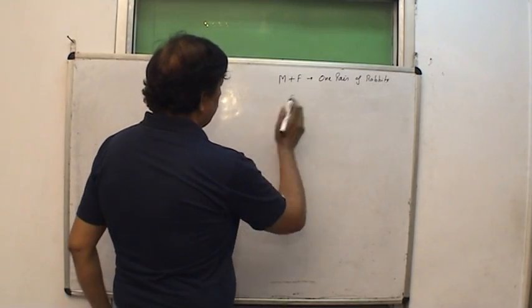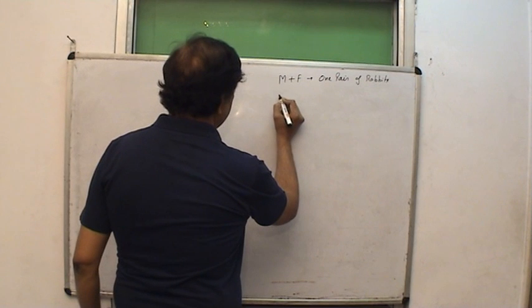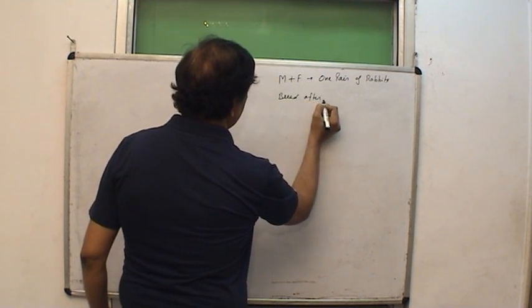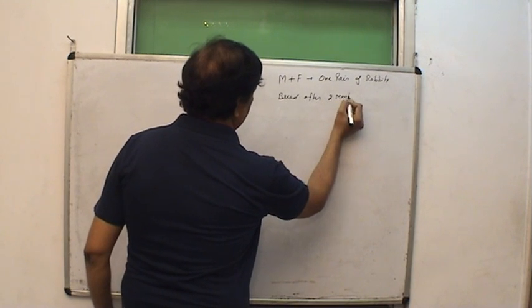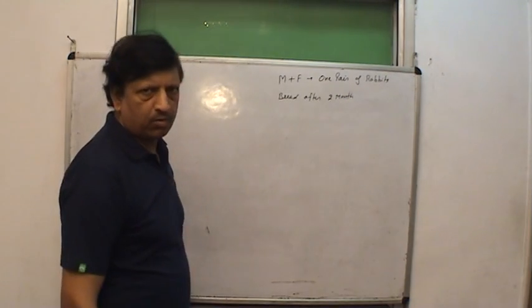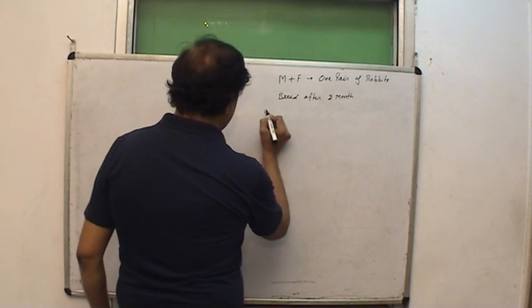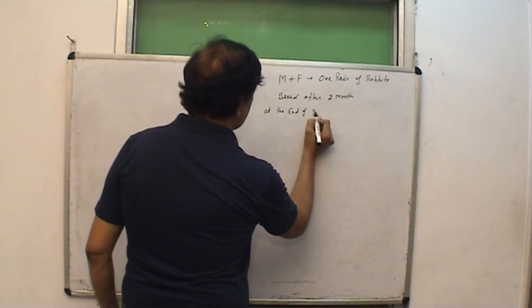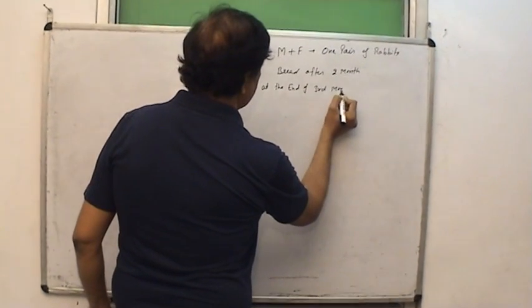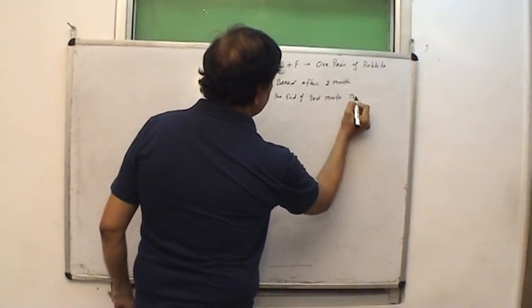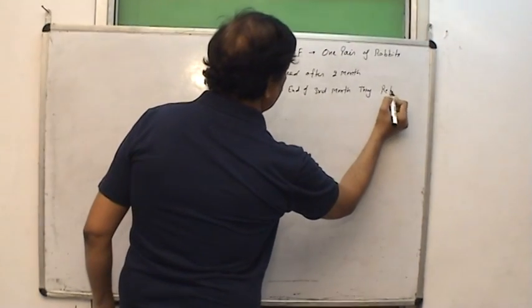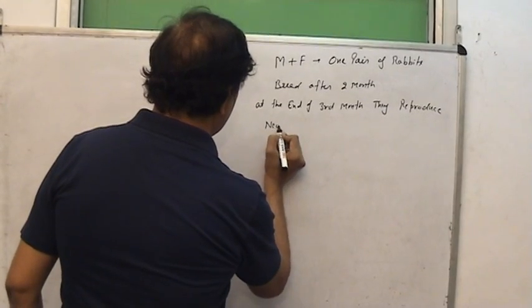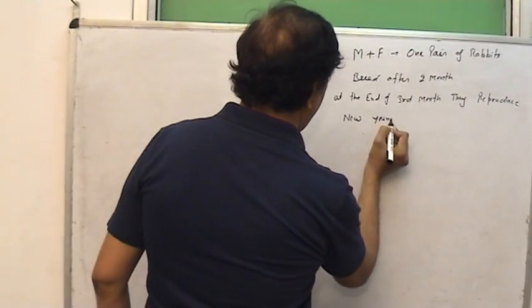They can breed after 2 months. They can breed after 2 months. Then at the end of the third month, they reproduce a new young pair.